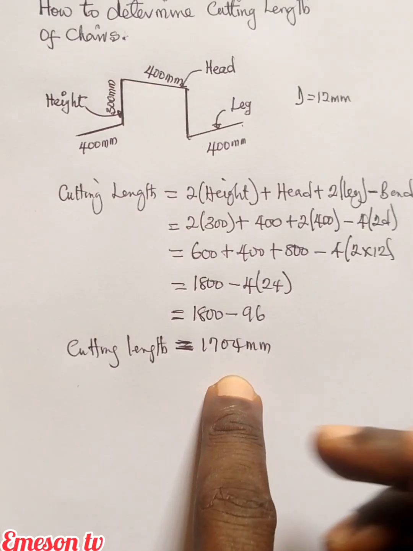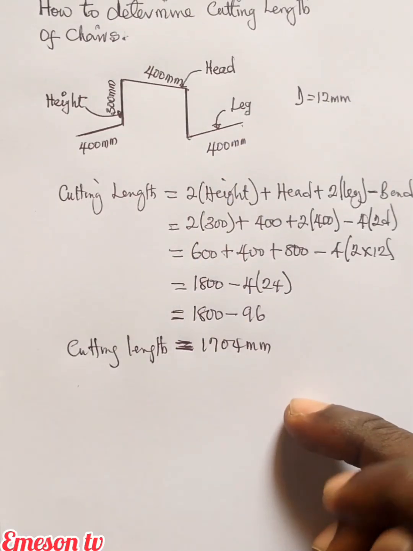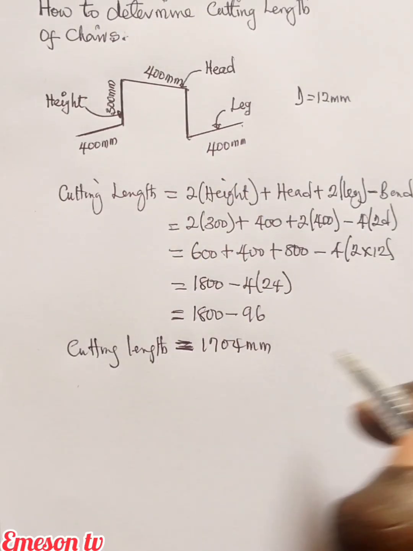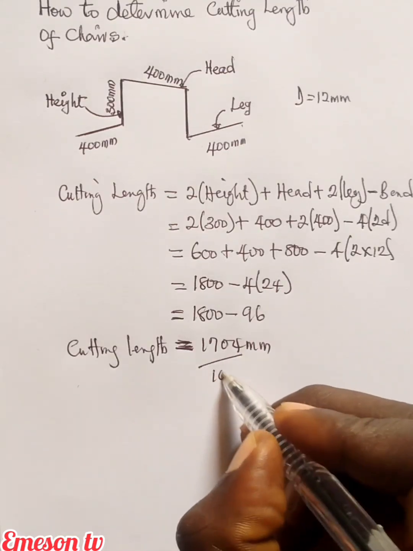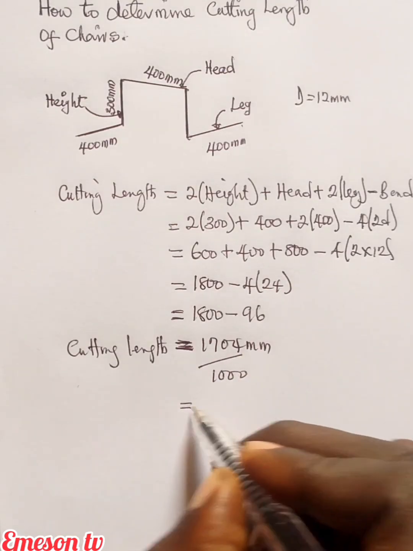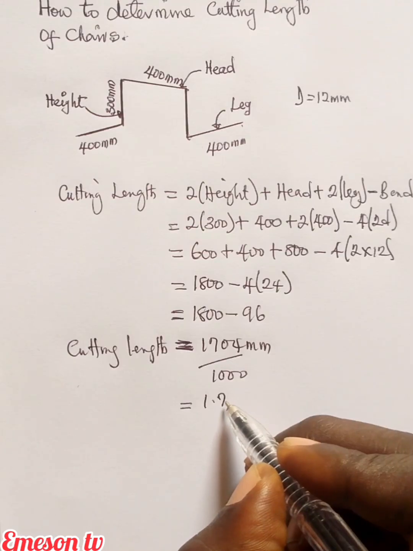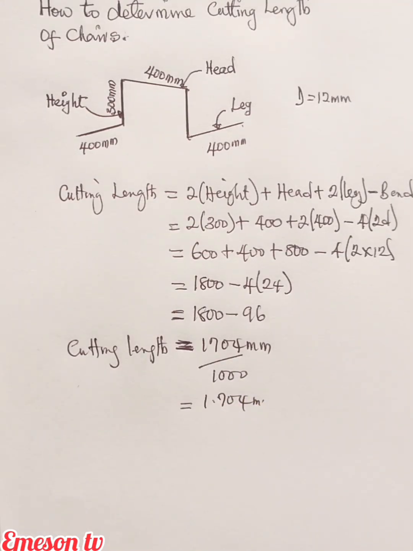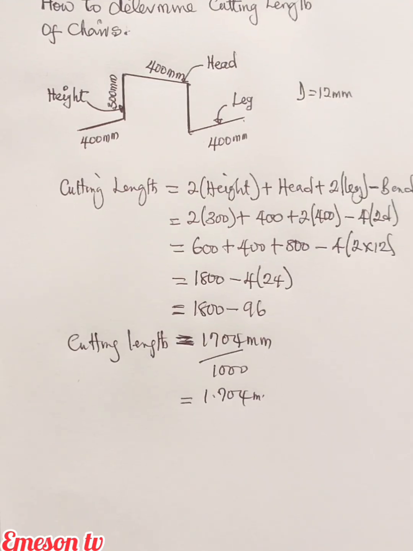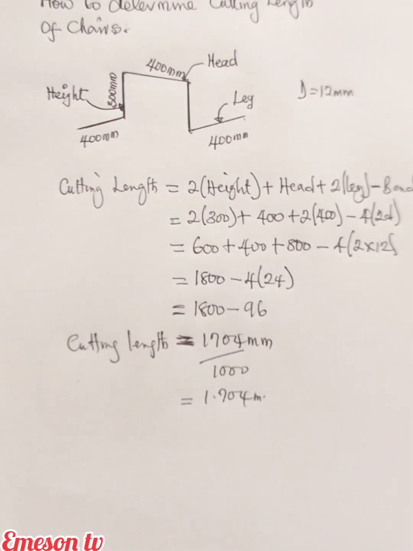So this eventually becomes the effective cutting length of this bar. If you also convert this to meters, you divide by 1000, you have 1.704 in meters.